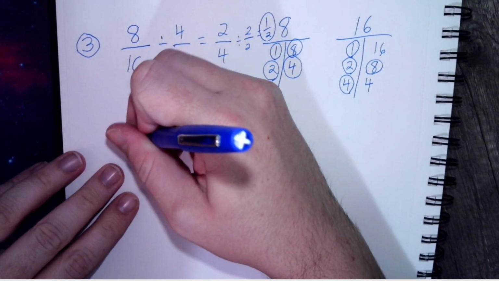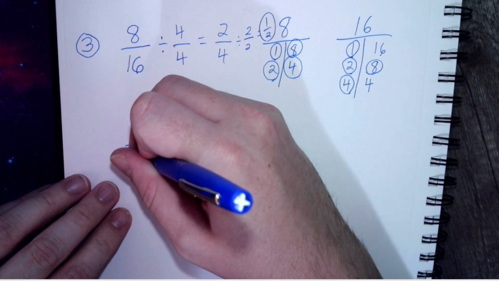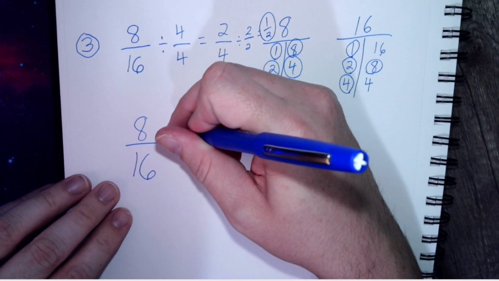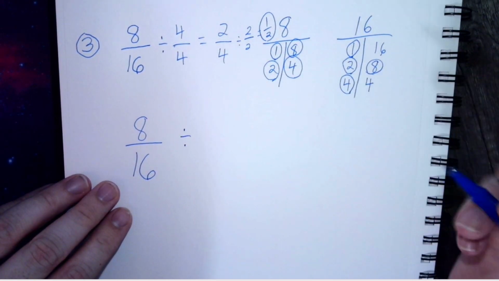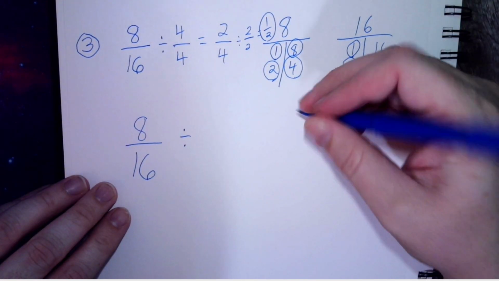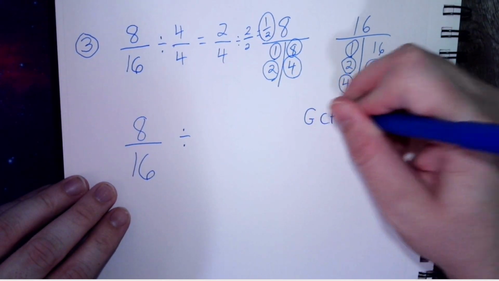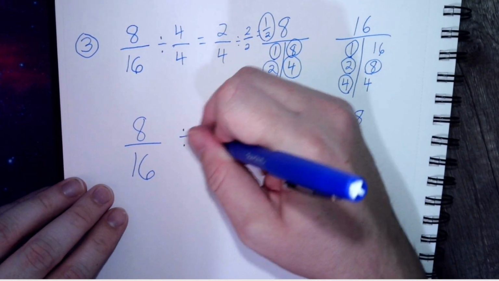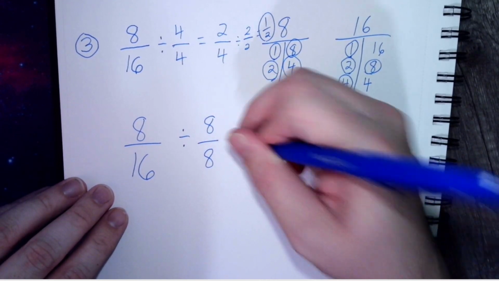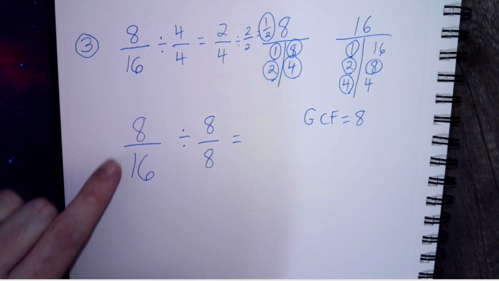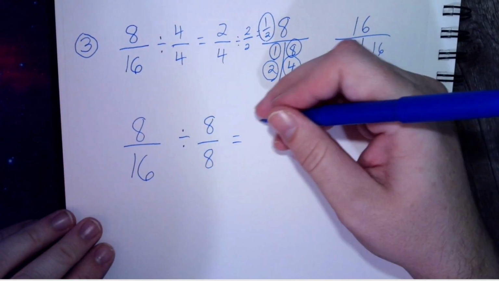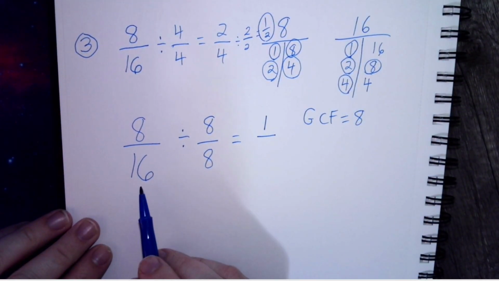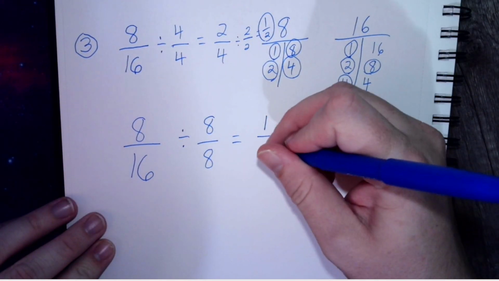So if I divide by the true GCF, which was 8, that means I will only have to divide one time. Because if I do 8 divided by 8, I get 1. I do 16 divided by 8, I get 2.